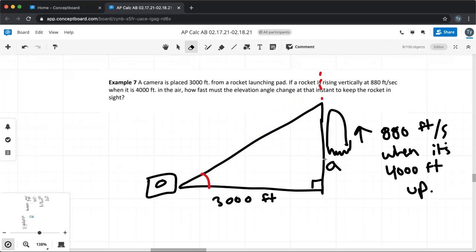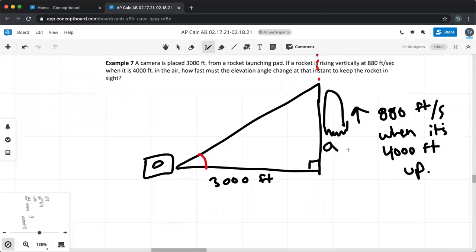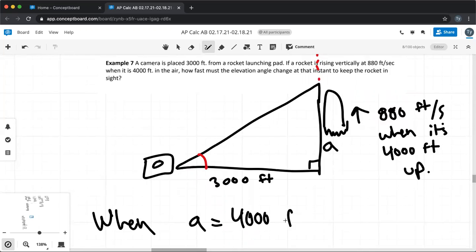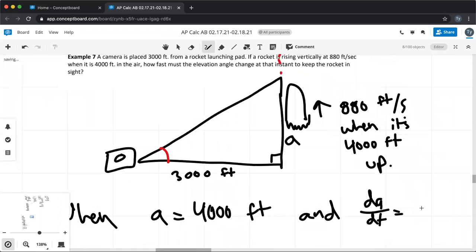Okay, so let's translate the problem into math notation to make our lives a little easier. The question is asking, if the rocket is rising vertically at 880 feet per second when it is 4,000 feet in the air, we've named that this height is A. So when A is 4,000 feet and dA/dt is 880 feet per second, right?